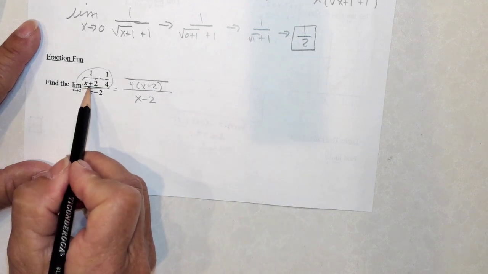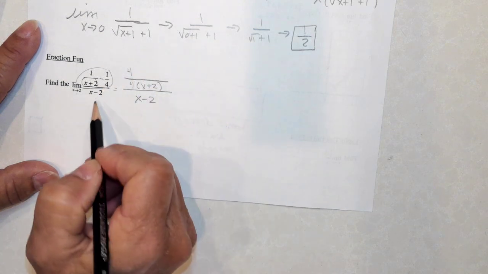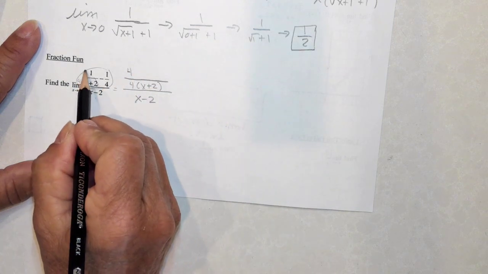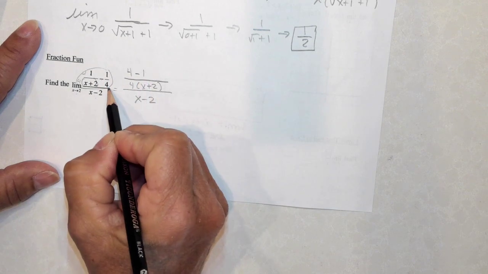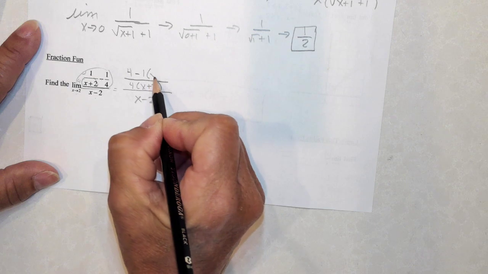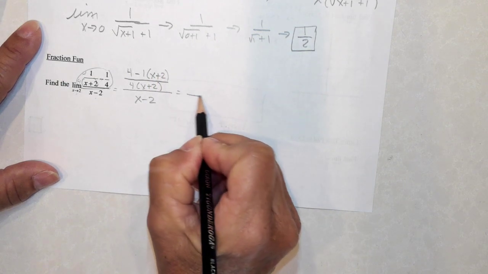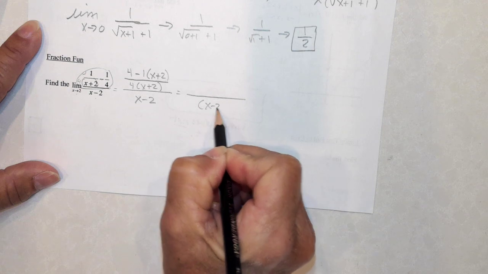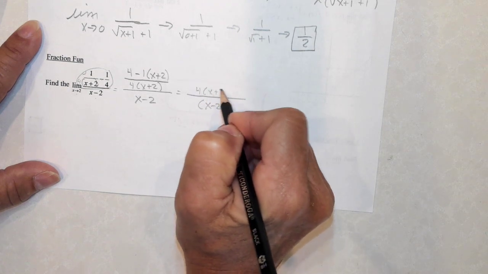This 1 is already over the x plus 2 part, but not the 4 part. So it would turn into a 4 because I'd have to multiply it by a 4. Then this negative 1 is already over the 4, so it has to be multiplied by the x plus 2 part. So just kind of dragging this bottom part along for now, since I don't have to do anything with it, and dragging this denominator along.